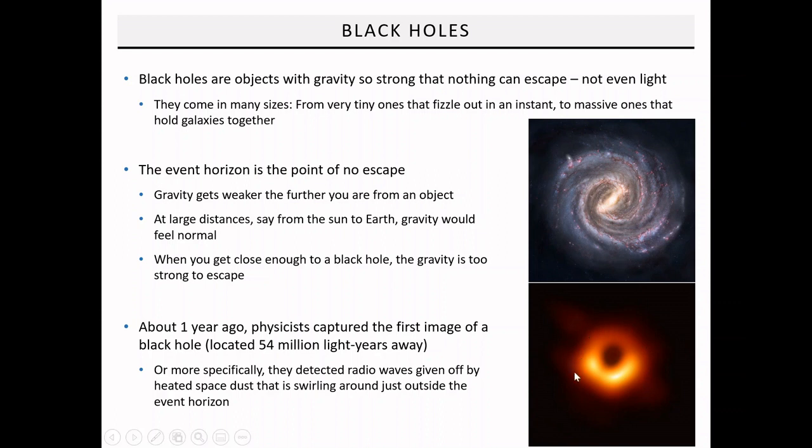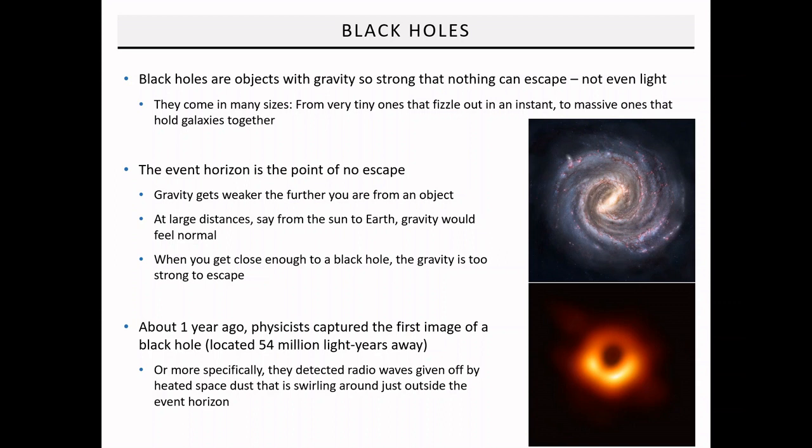So the light that's coming to us in this picture came from the black hole 54 million years ago. So light can't come from a black hole, which means the light in this picture doesn't actually come from the black hole. What we actually detect here is light given off by the space dust surrounding that black hole. And that light comes to us in the form of radio waves.